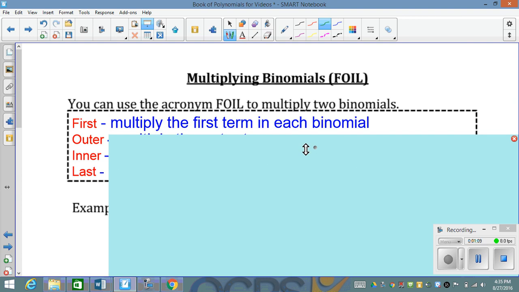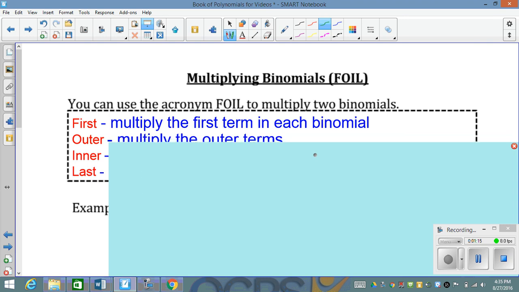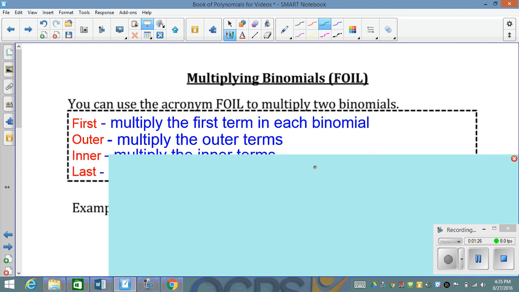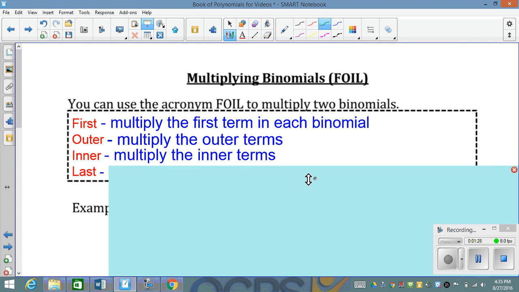First, you're going to multiply the first term in each binomial. Outer, you're going to multiply the outer terms. We're going to talk about these, looking at some examples momentarily. Inner, you're going to multiply the inner terms, the ones on the inside.